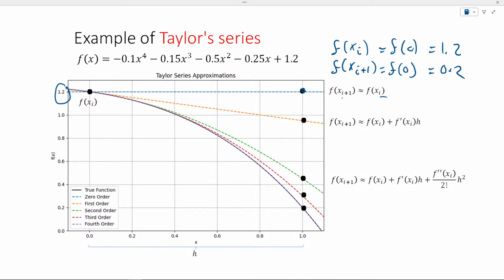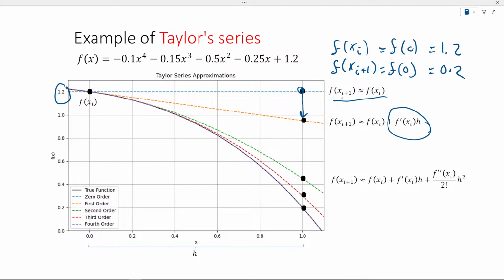With the first order approximation, I assume that now there is a slope, so I started to move this point down because I have this value plus this slope. So now I added the slope.